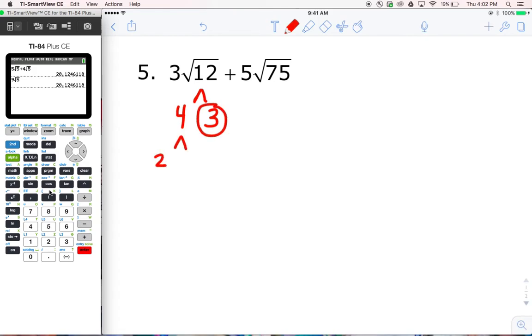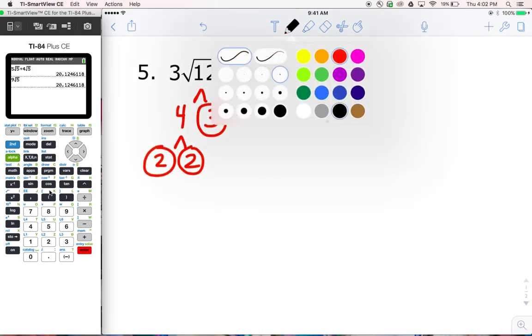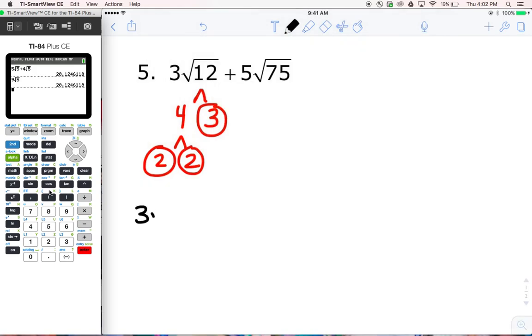I'm going to use 2 times 2 for 4. Now remember, the 3 was already outside. So I had 3 over here, and now on the inside, I've got 2 times 2 times 3. Take out a pair of 2s. You've got to have a date to leave the house, remember? And I've got 6 outside, square root of 3.